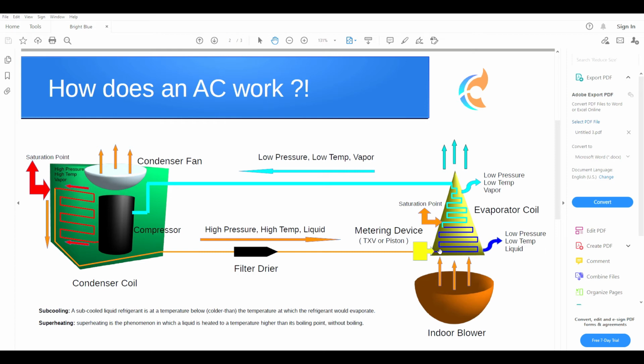Another reason for having a higher superheat, which is very important, guys, and I've seen a lot of installers out there who don't do this, is the airflow. Let's say you have a 2-ton air conditioner and your airflow is set for a 3-ton. You will have almost 400 CFM of excess air passing through the coil, which is going to make this refrigerant vaporize much faster and quicker than it's supposed to.